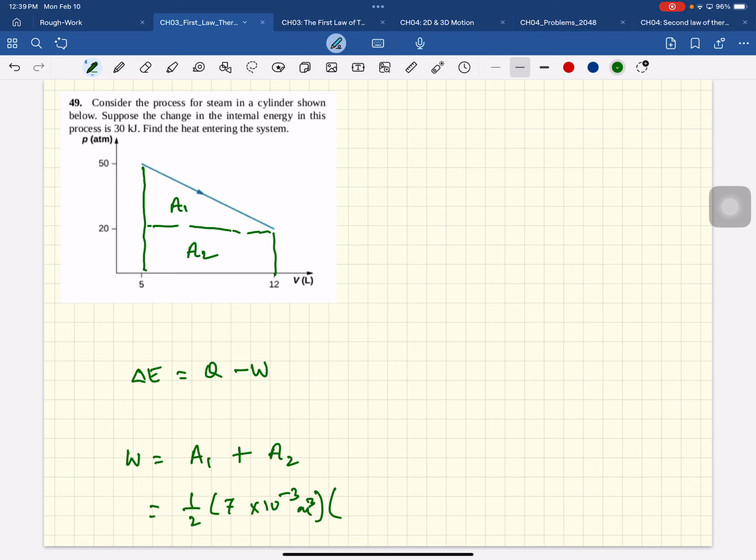The height of the triangle is 30 atmospheres, and you've got to convert that to pascals. Plus area A2 is 7 liters times 20 atmospheres. This height is 20 atmospheres.